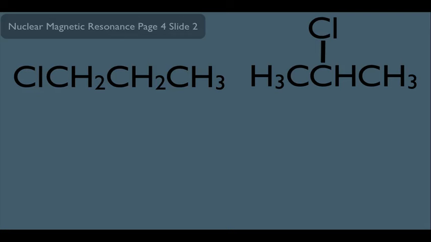So let's start with 1-chloropropane first. Remember, it has this Cl right here, which means these hydrogens right here, let's call them the A hydrogens, since they're the closest to the electronegative Cl, would be the most de-shielded. Whereas the hydrogens way on the other end over here, let's call them B, would be the most shielded because they're the furthest away from Cl.